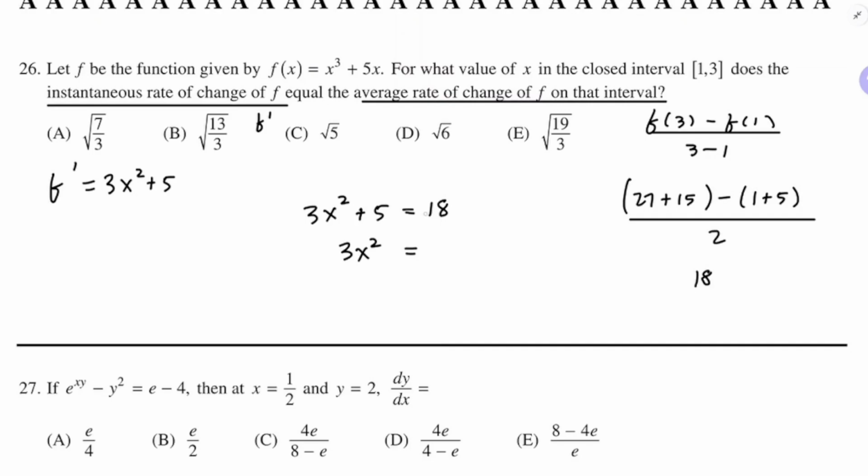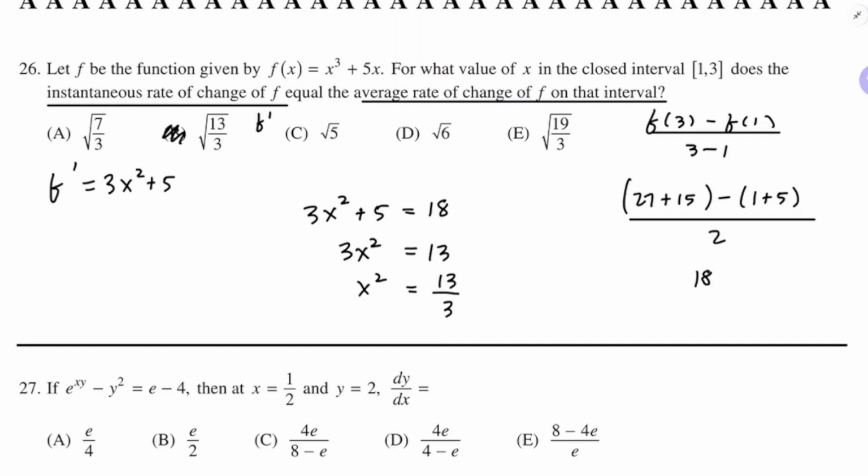So 3x squared equals 13. Solve for x squared, 13 thirds. I see that's going to be answer choice B. And it's going to only be the positive square root of 13 thirds because it's only on the closed interval 1 to 3, right? We only want positive x's. So there we go. And I have faith that the square root of 13 thirds is between 1 and 3.